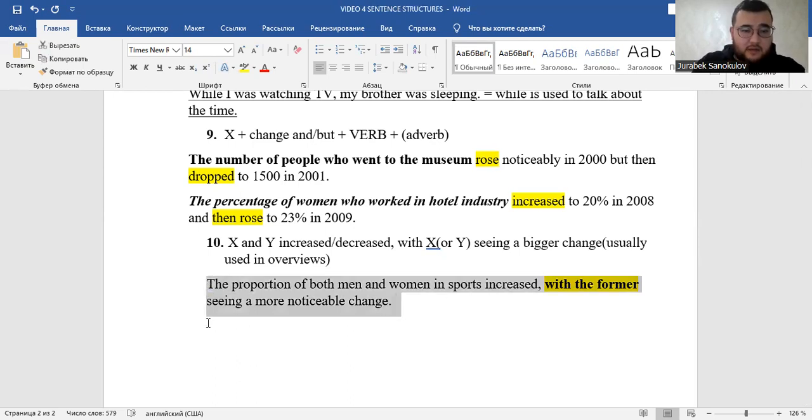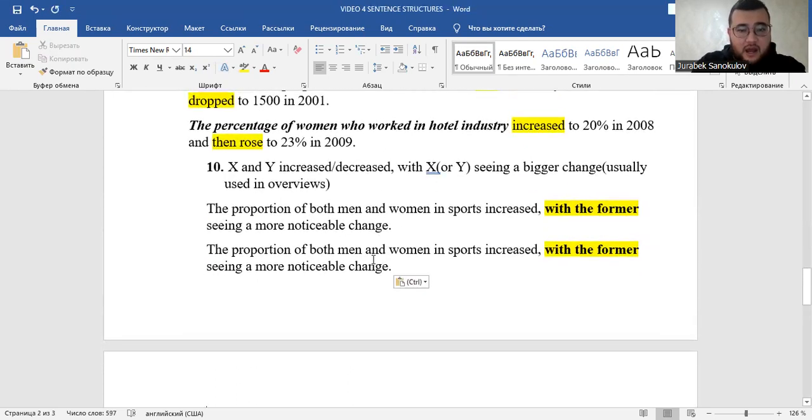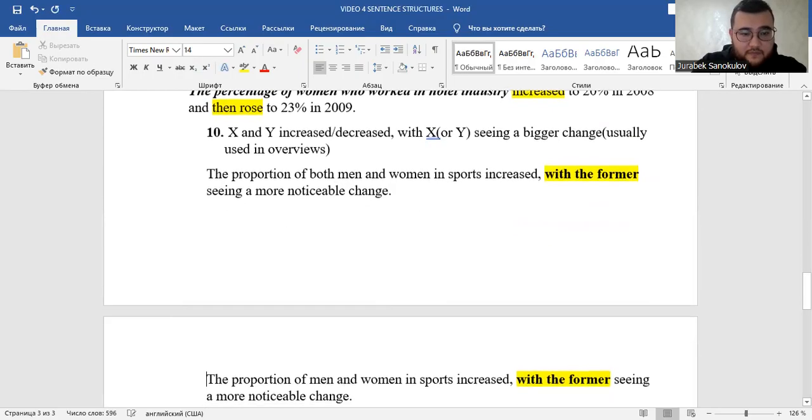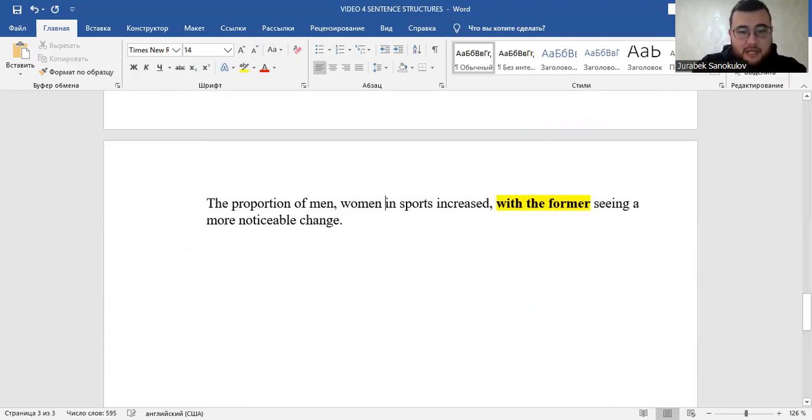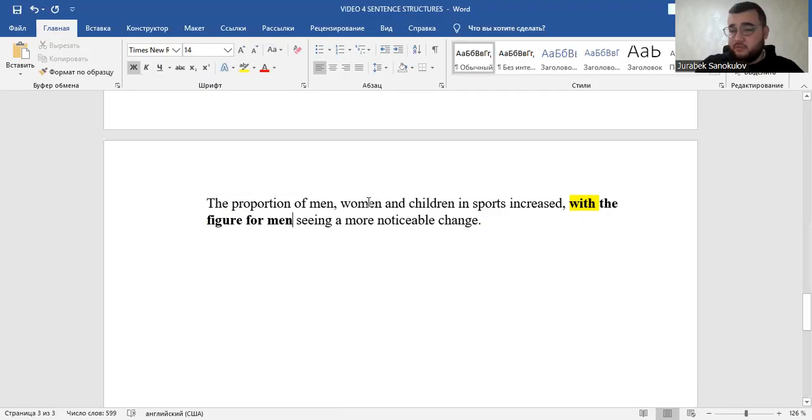Let me just copy this sentence. But now I will include children as well. So here I say the proportion of men, women, and children in sports increased, with the figure for men seeing a more noticeable change.